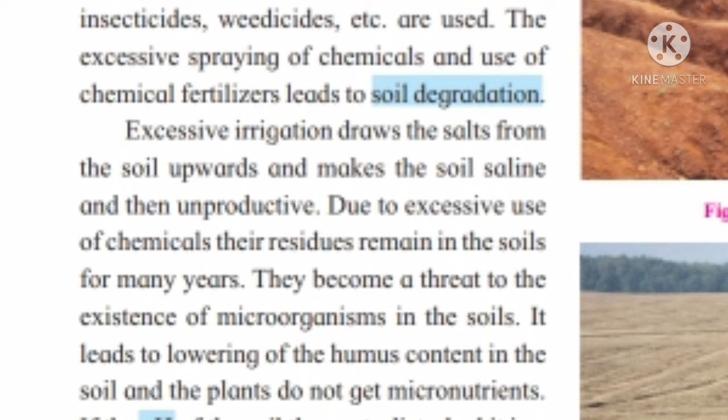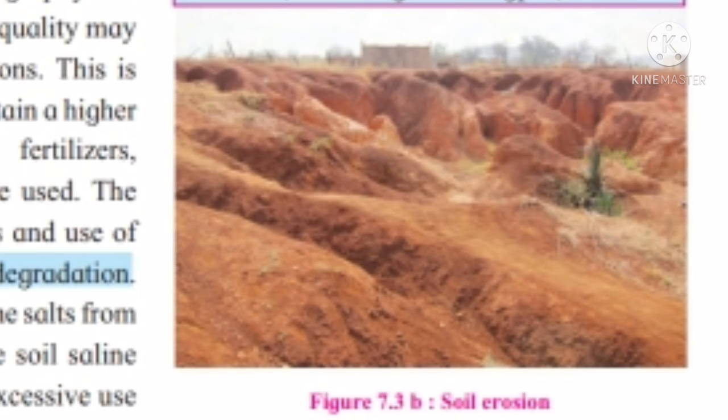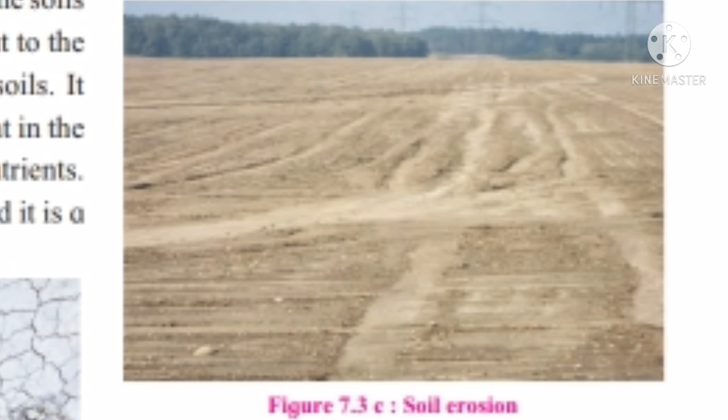And if the pH of the soil gets disturbed, it is a sign of soil degradation. It is very necessary to take care of the soil and find out various remedies to conserve soil. So let us go through how we can conserve soil. It is very necessary for us to conserve soil.